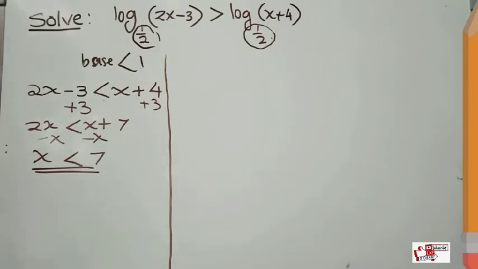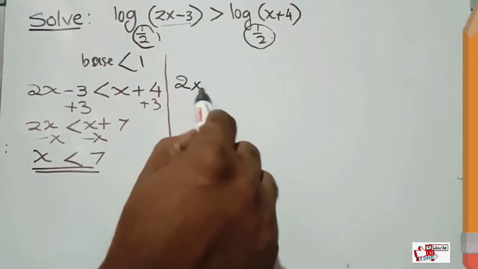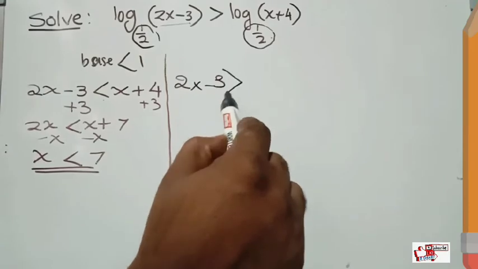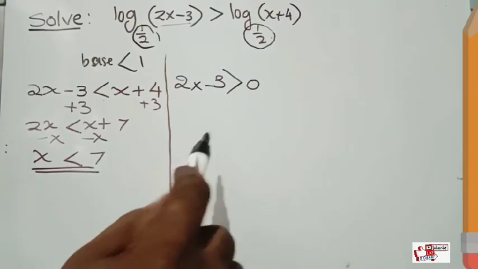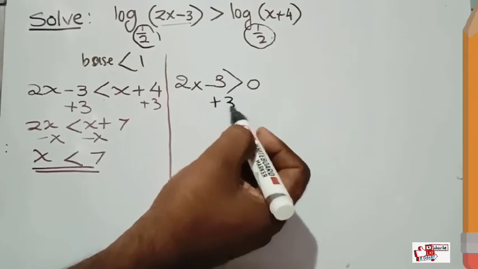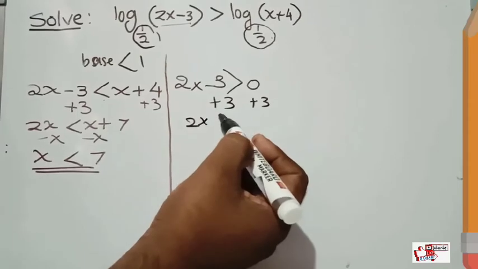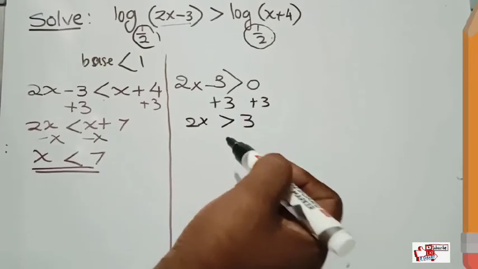Now let's go for the domain values. For domain values, we need to take care that the logarithm of a number is always positive. When you consider a logarithm, the number must always be positive. So for the domain value, the first value is 2x minus 3. The 2x minus 3 must be positive. So add 3 on both sides. We get 2x greater than 3.